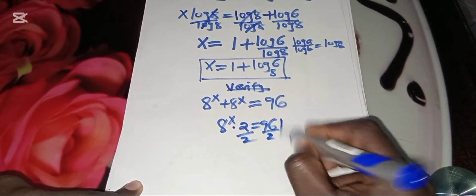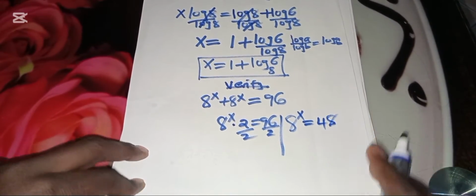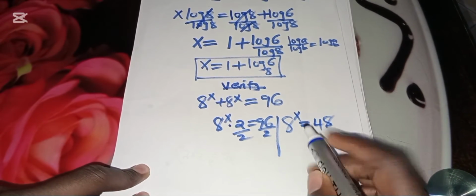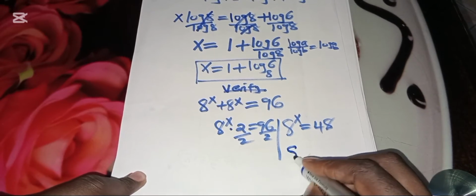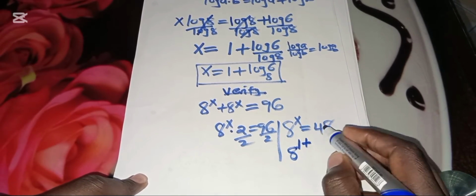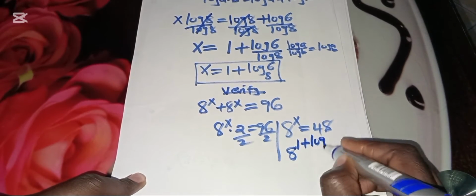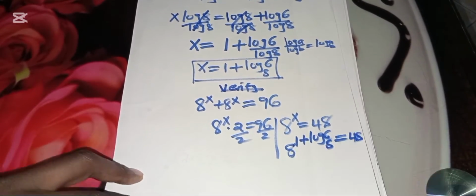So 8 raised to power x is equal to 48. So what we need to do is substitute the value of x. We're going to have 8 raised to power 1 plus log 6 to base 8, which is supposed to give us a value of 48.